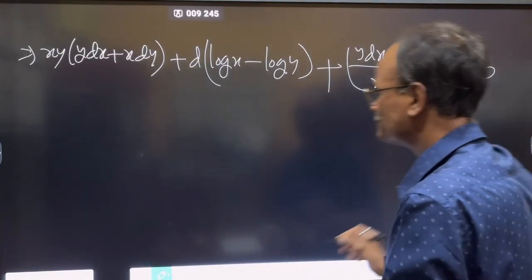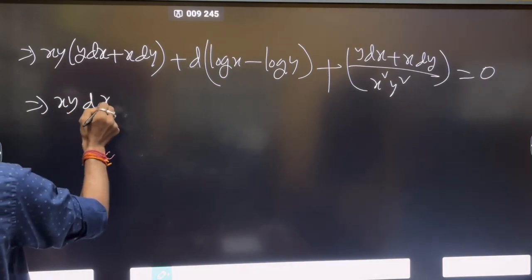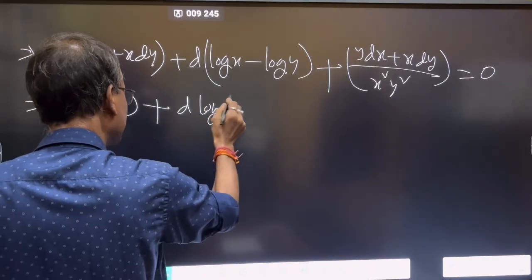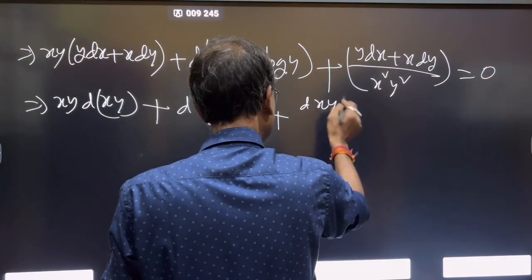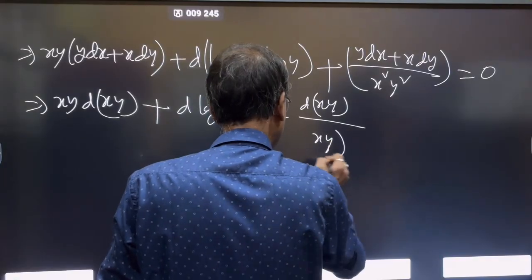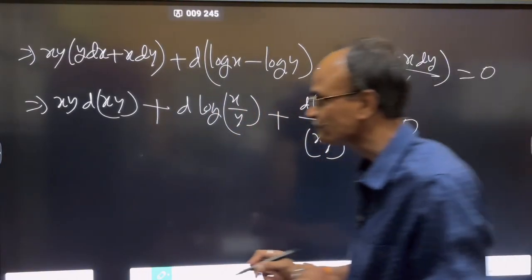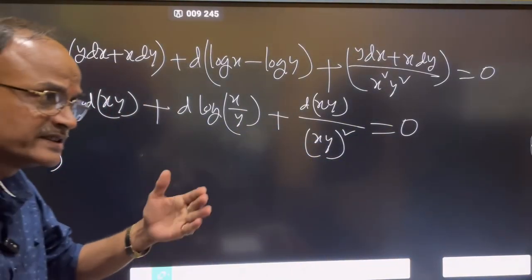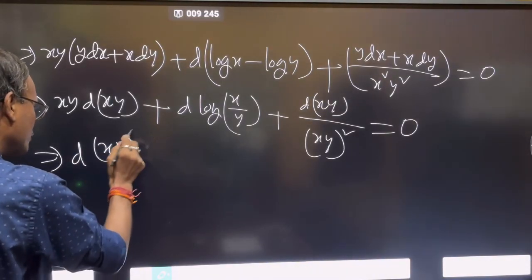Or you may write here xy d of xy plus d of log x by y plus d of xy divided by xy whole square. You may write like this. Or x dx means d of x square by 2, d of xy whole square divided by 2.